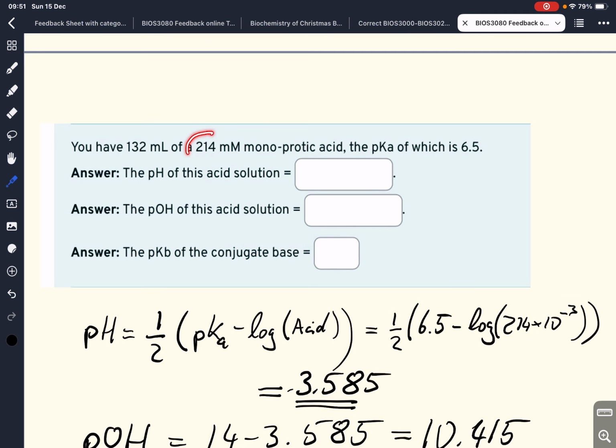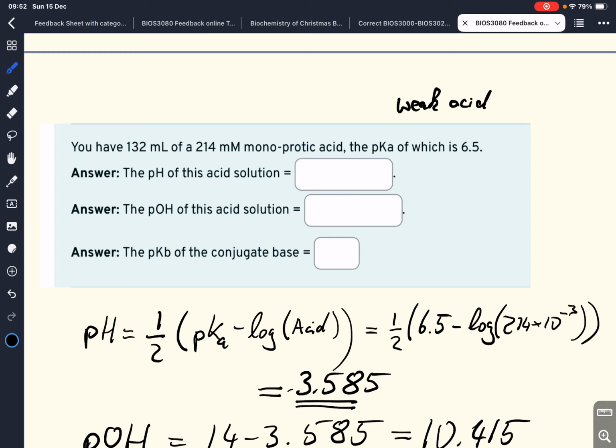But what we know is we have a 214 millimolar acid, and we've been given a pKa of 6.5. Now we've got a pKa, which means we need to treat the acid as a weak acid here. So if we've got a pKa, it means probably a weak acid.